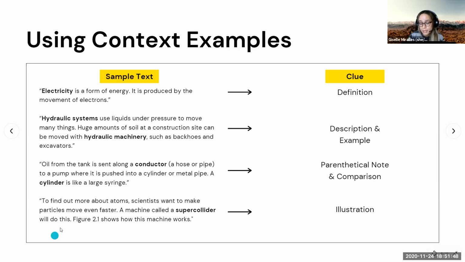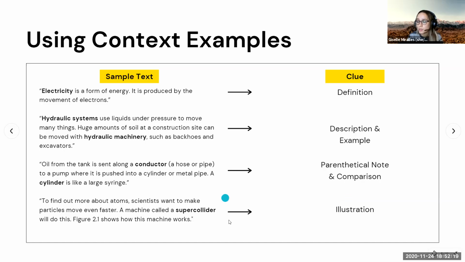The fourth sample text is: to find out more about atoms, scientists want to make particles move even faster. A machine called a super collider will do this. Figure 2.1 shows how this machine works. So again, I don't know what super collider is, but I can read or look at figure 2.1 to understand what that machine looks like, which is the context clue of illustration, right?